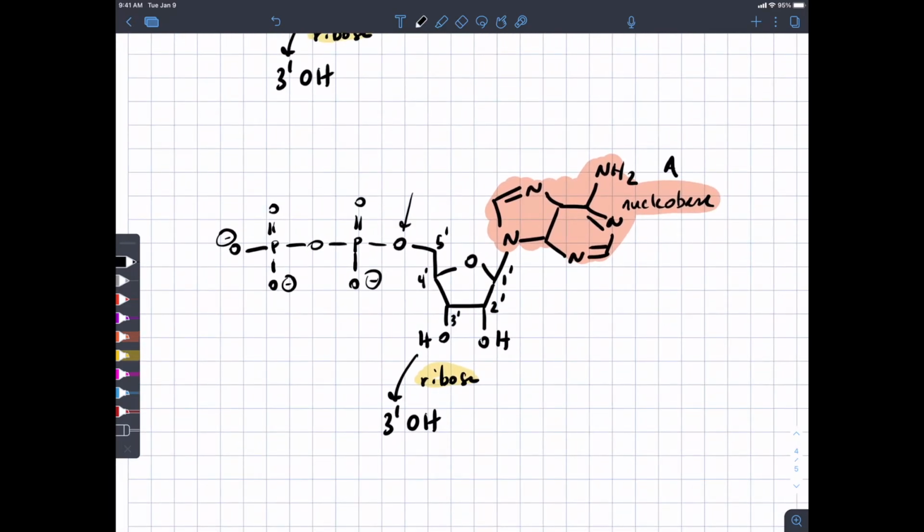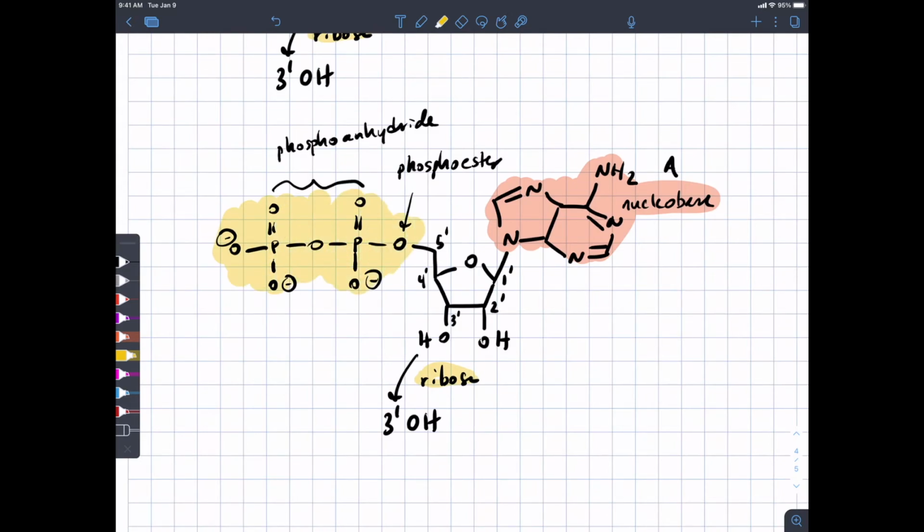You now have a phosphoester here, and then this kind of linkage is called a phosphoanhydride, or perhaps a pyrophosphate linkage.